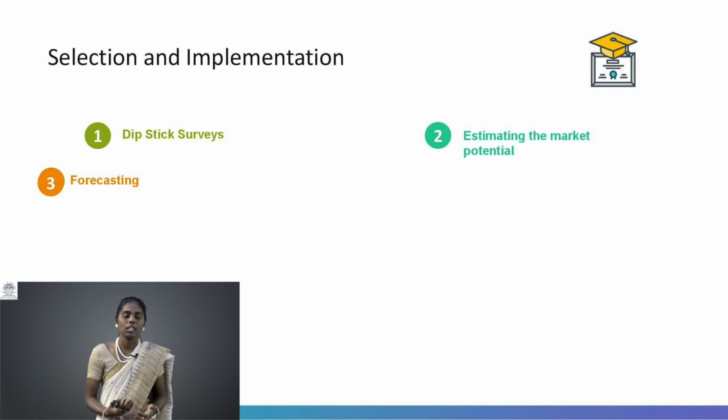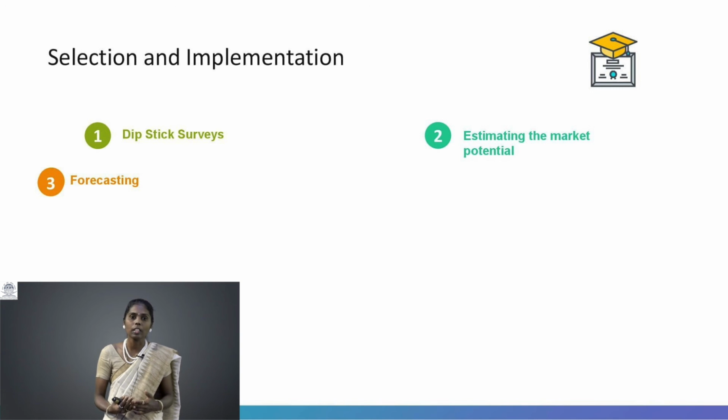You can also forecast the demand for the next 5 years based on the last 5 years of production, or based on the last 5 years of demand for the product. The manager or the researcher would be able to forecast the demand for the products, or the demand for the produce, for the next 5 years, right.